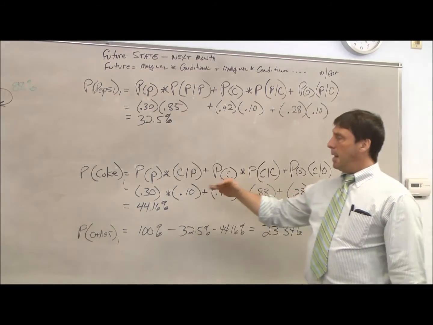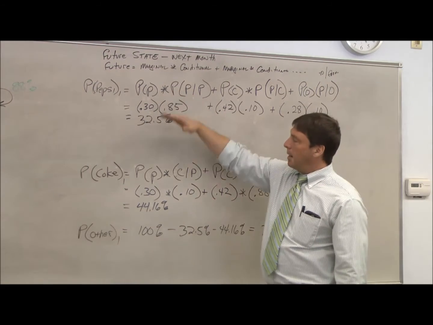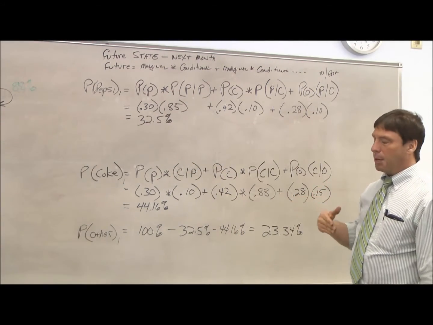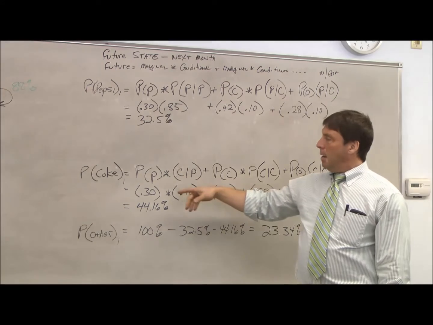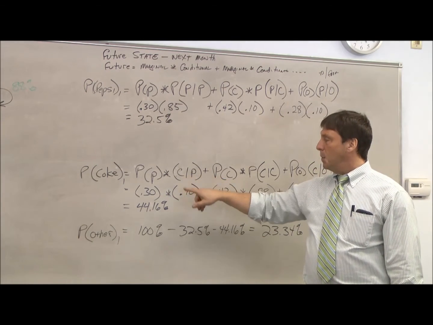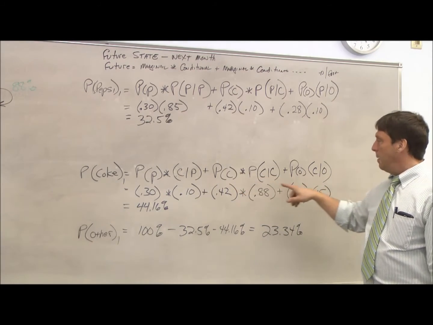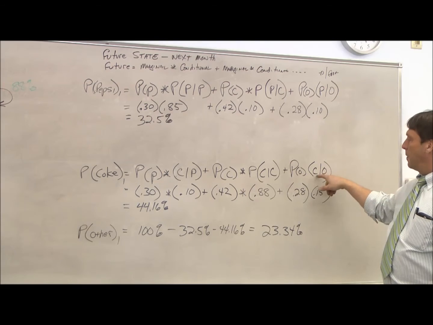We did the same thing for Coke. Just out of convention, I kind of leave them in the same order. It's just easier for me to do math. So Pepsi times Pepsi to Coke, Coke times Coke's retention rate, and other times other to Coke.